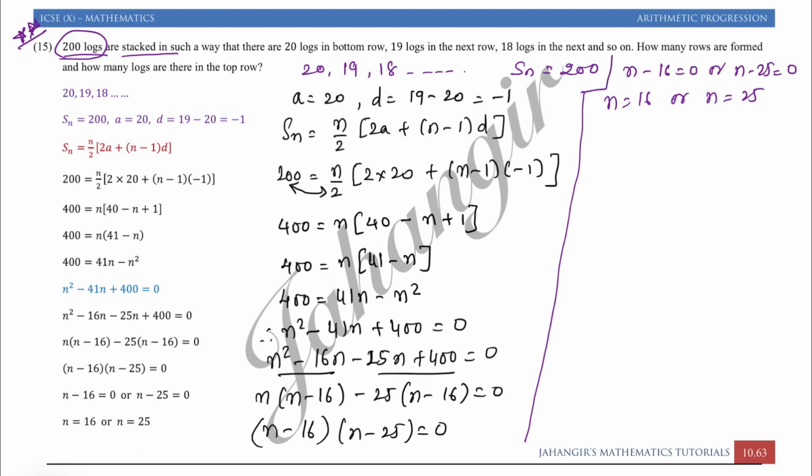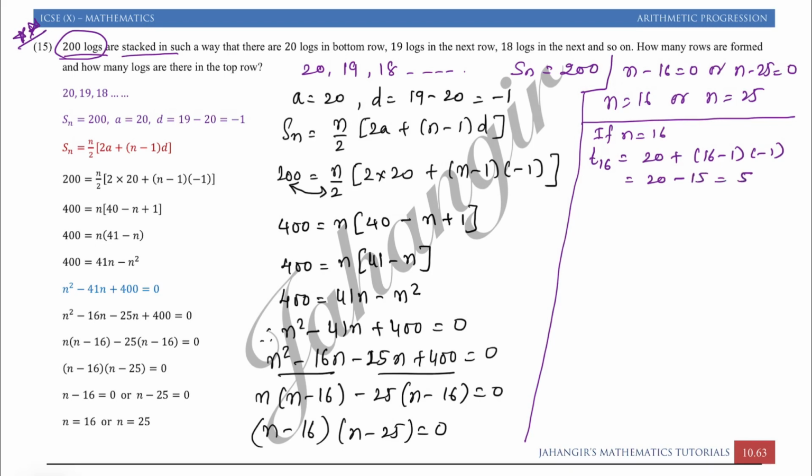So let us check if n is equal to 16. How many logs can be there in the top row? In the 16th row, how many logs are there? We can say T16 is equal to A, that is 20, plus 16 minus 1 into common difference, which is minus 1. So 20 minus 15 which is 5.